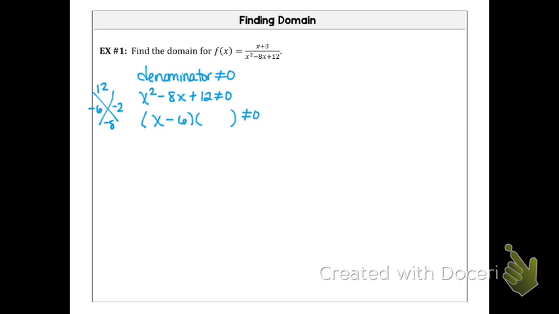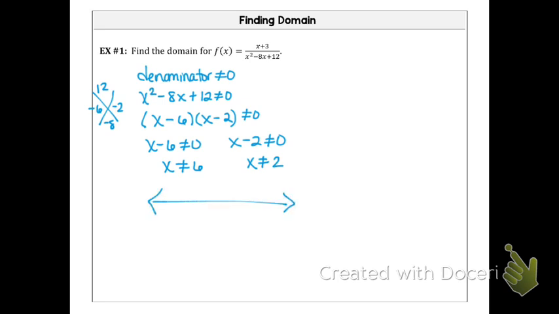So we got x minus 6, x minus 2 cannot equal 0. So set them each not equal to 0 and solve. And so we get x cannot equal 6 and x cannot equal 2. And then we can do our number line to help us out here.